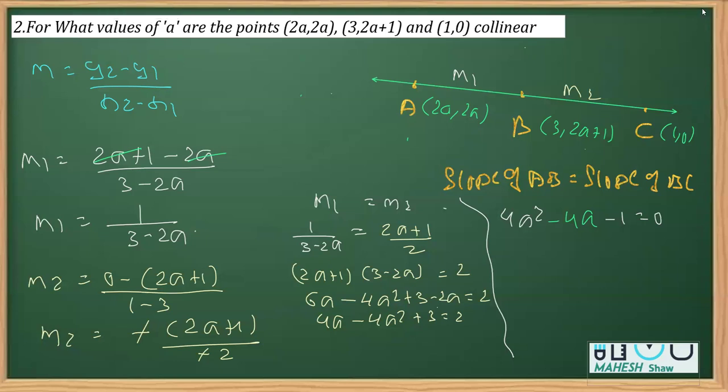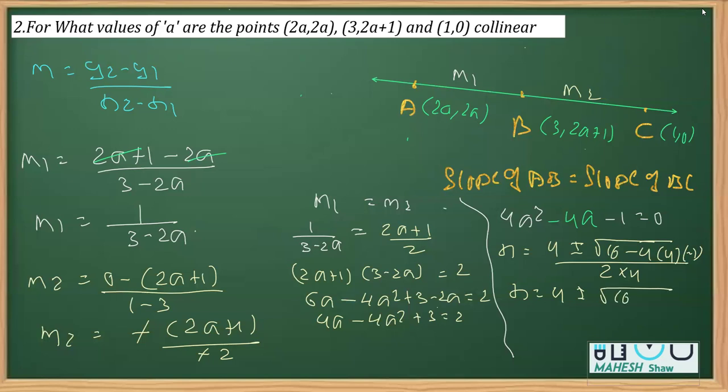So we'll be solving by using the quadratic formula, which is x is equal to minus b plus minus under root b square minus 4ac, divided by 2 times a. Minus b in this case will be positive 4, plus minus under root b square, that is 16, minus 4 into a being 4 and c being minus 1, divided by 2 times a, that is 8. So this is 16, and there is a minus, so it will become plus 16.